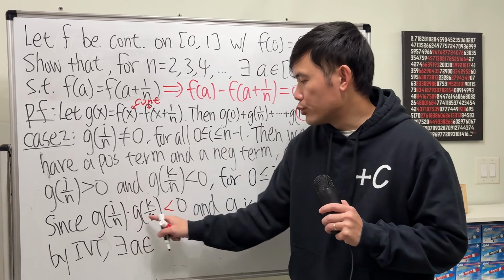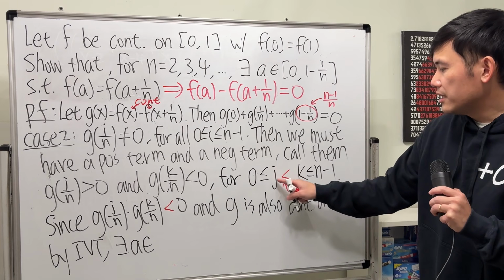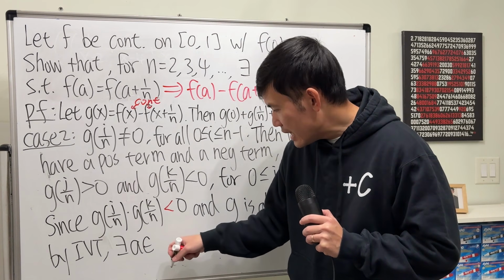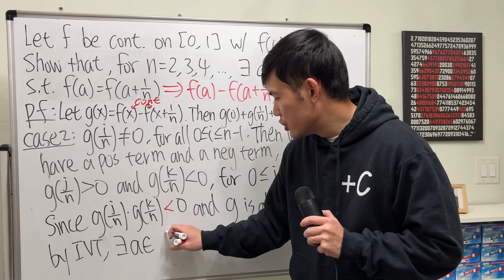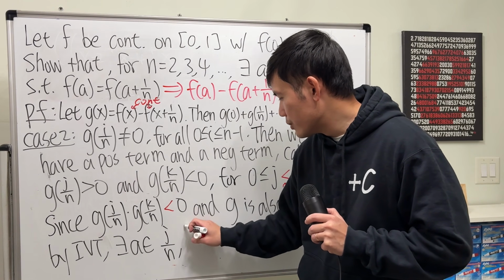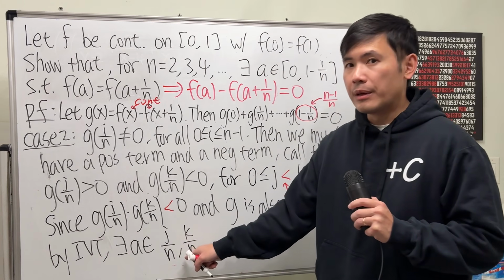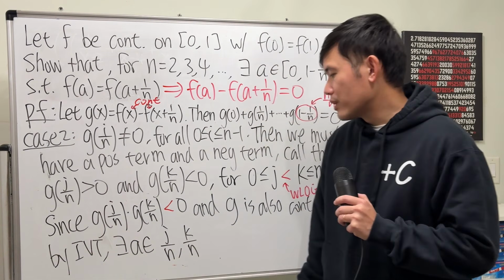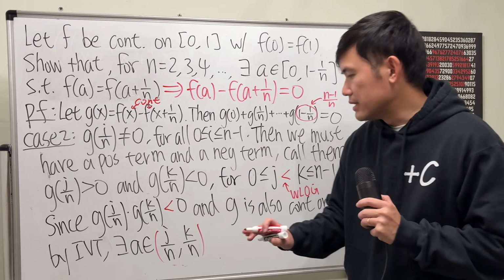And this is where you really have to mention that j is less than k, so that I can write a as an element of j over n to k over n. Smaller number goes first.